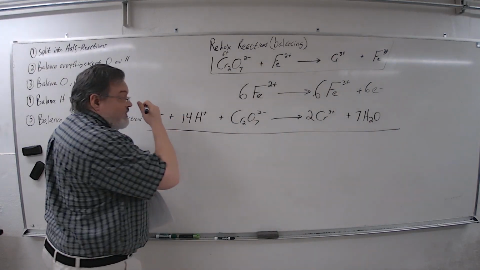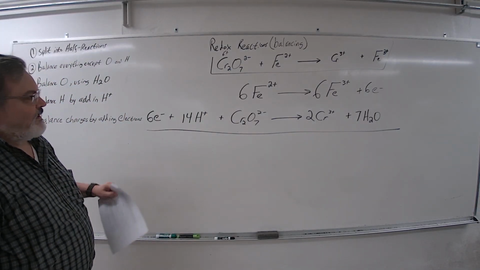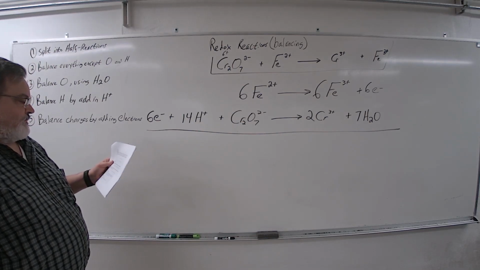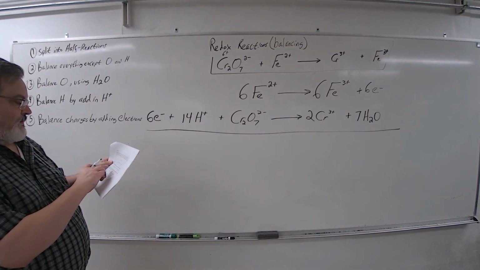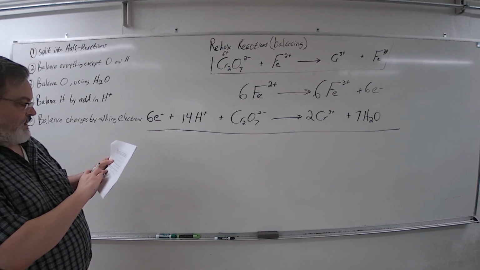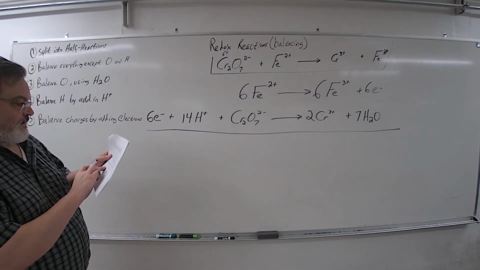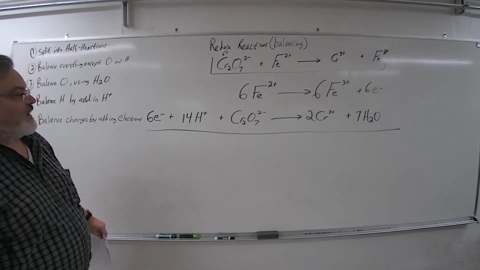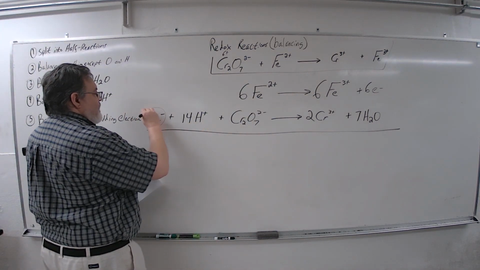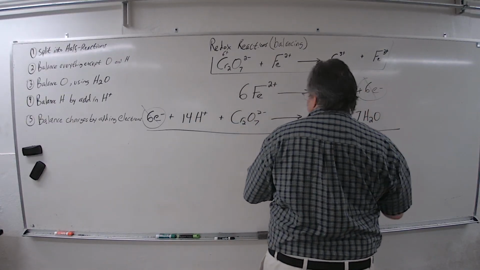From here, anything that's the same on both sides, you can eliminate, which is going to be the electrons. So I end up with 6 Fe, 14 H plus, Cr2O7. Okay, once I multiply through by that, I can eliminate the electrons because we're in balance now.